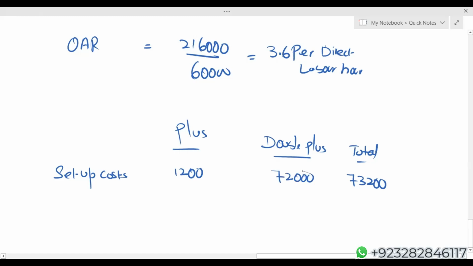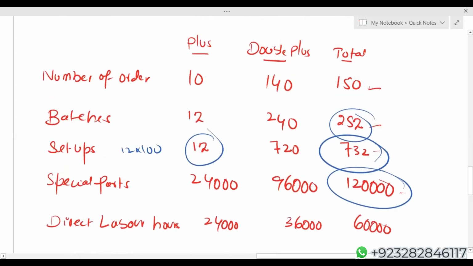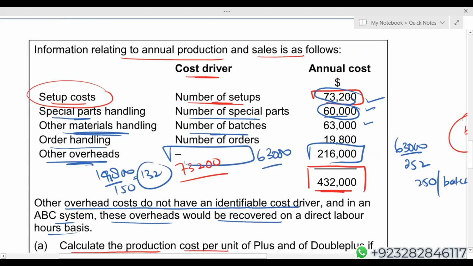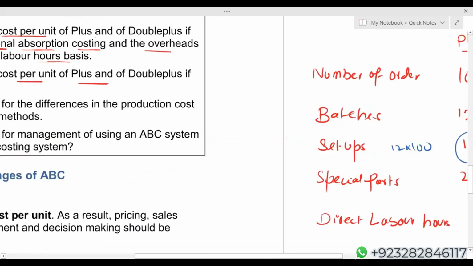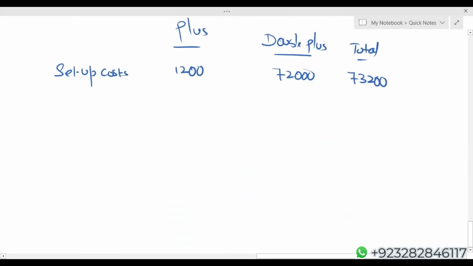There's another way also. How many setups do we have in double plus? We have 720. Per setup the cost is 100, so 720 multiplied by 100 gives you 72,000. So we have allocated 73,200. Now, special parts handling cost.